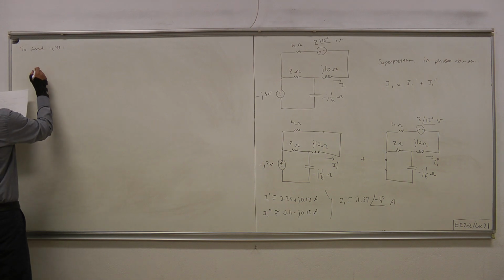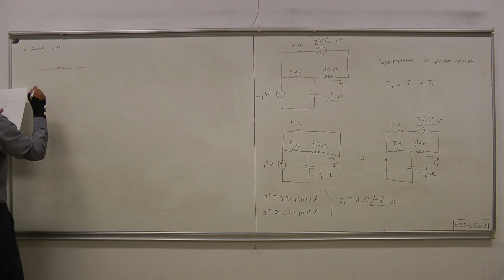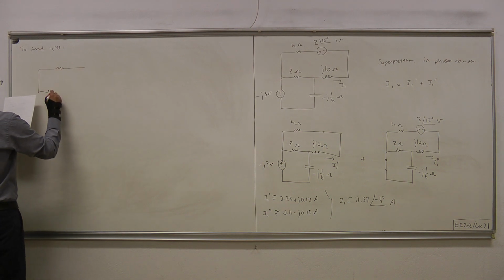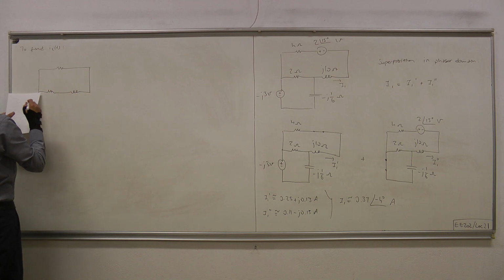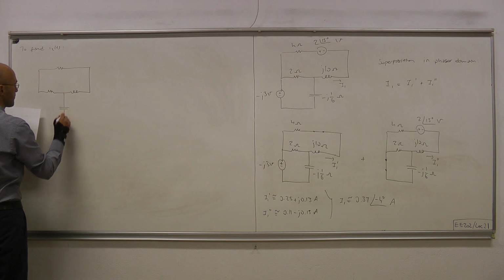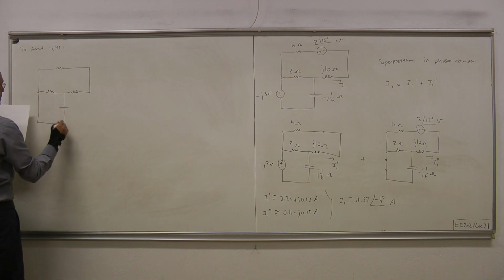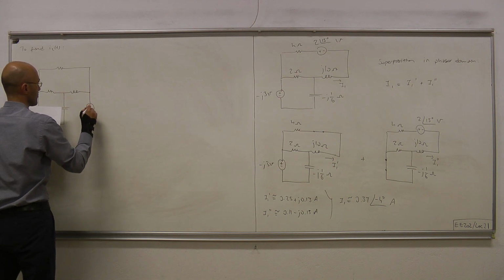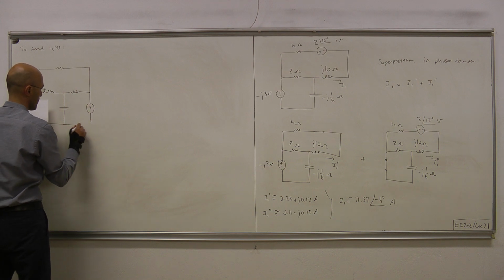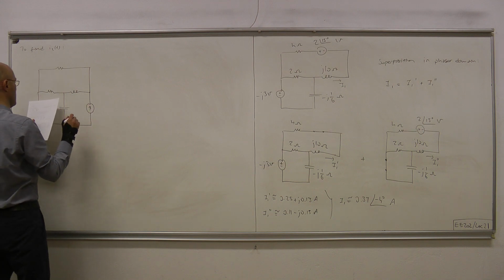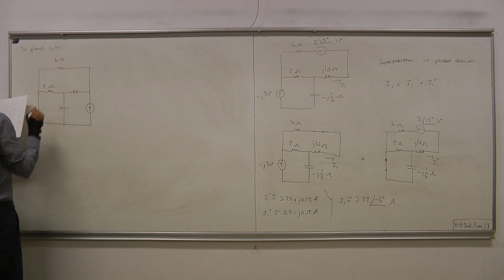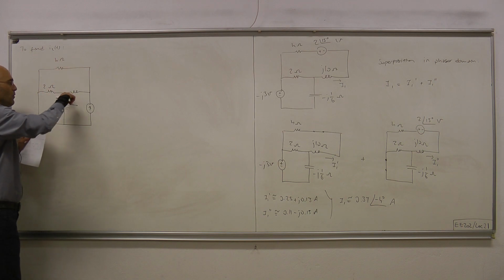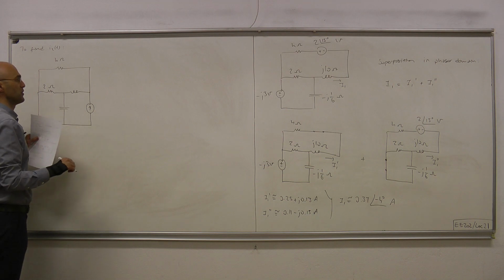In that case we have the following. 4 ohms, 2 ohms, and now the frequency of operation is 3 radians per second.